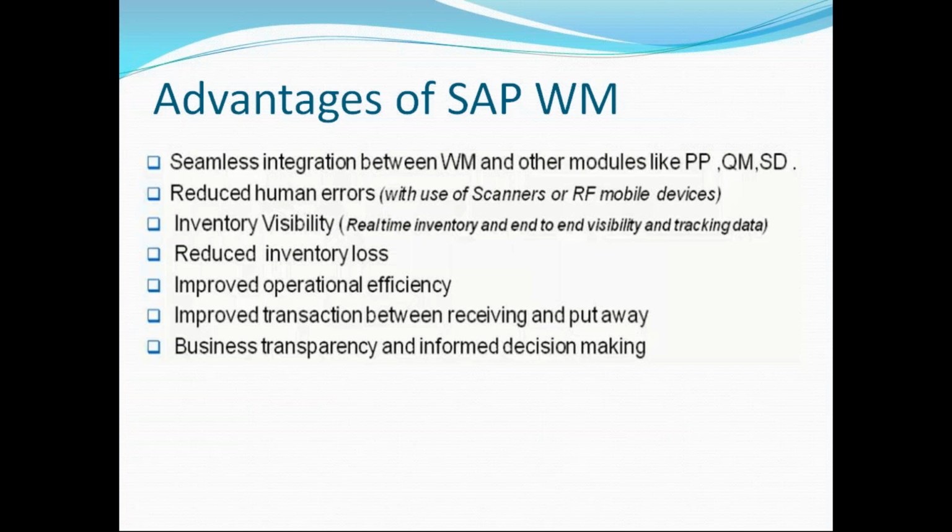So there won't be much loss of inventories, and SAP warehouse management will help in the proper reporting of the material at any point of time. So at any point of time, the warehouse controller or supervisor can understand how much quantity of material is present in a particular location or particular bin in the SAP WM.